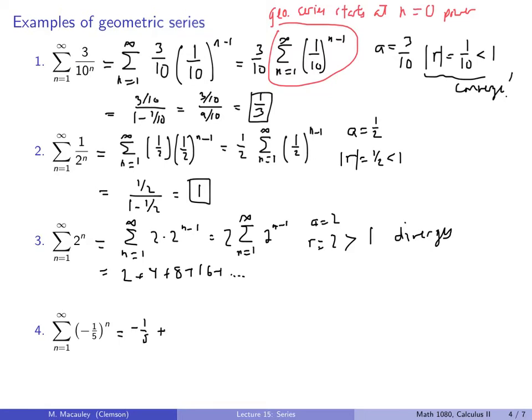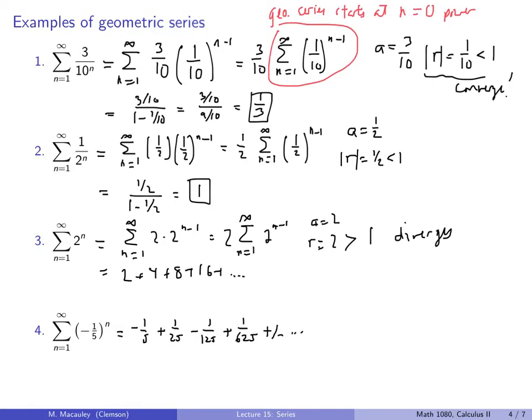Then that's n equals 2, that's going to be positive 1/25. Then minus 1/125. And then plus, this raised to the 4th power is 1/625. And then I'm just going to write plus minus, so something like this.